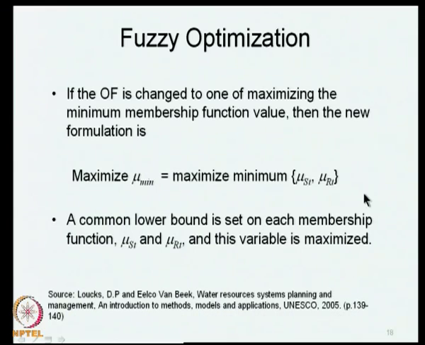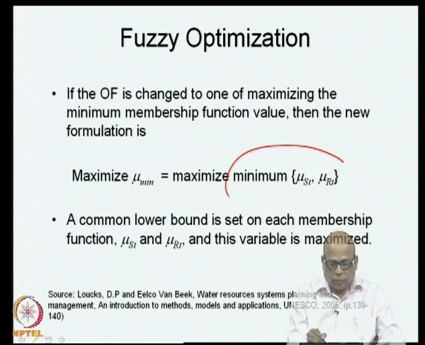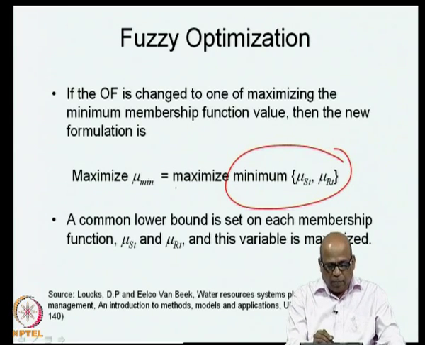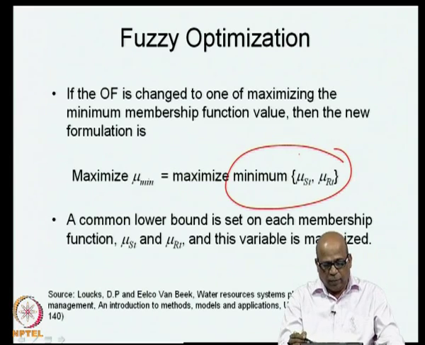So, this is a general form of the fuzzy optimization problem. We are looking at maximization of the minimum value of the membership functions. Now, these minimum values together will define the satisfaction level in the system, and then we are maximizing that particular satisfaction level.